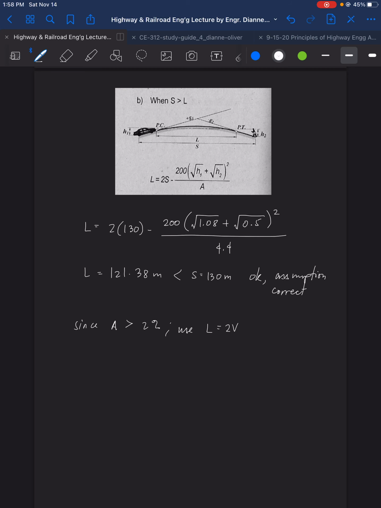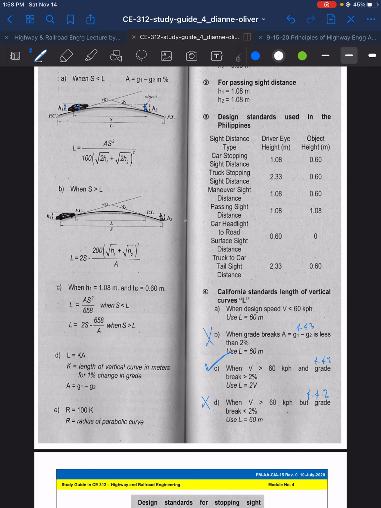Now, how do we check for it also? Well, if the value will come out, the V is greater than 60.